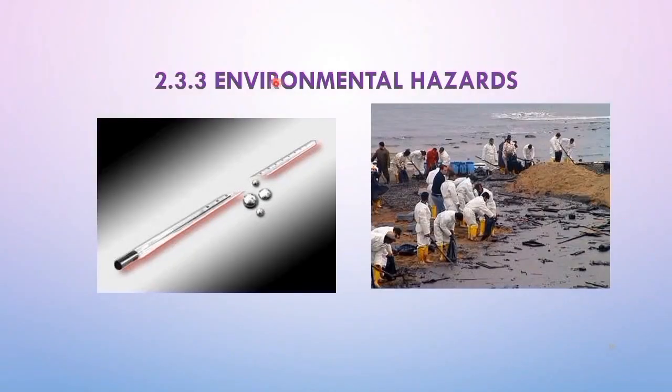Other examples are the release of mercury from a thermometer to the surrounding environment, and pollution, or the release of hazardous chemicals to the sea or the environment, which also poses effects to the surrounding environment. At last, it also poses threats to human health.